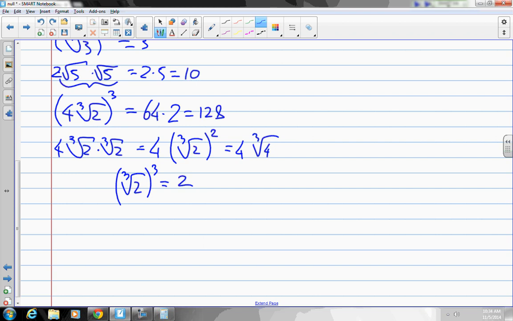I only have the cube root of 2 squared, so that's something ugly, right? So if we had that, then it would have worked, because you want this power to match that power. That's what kills the radical, right? Does that make sense?